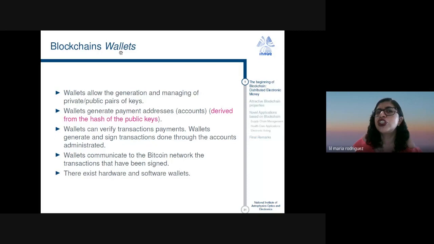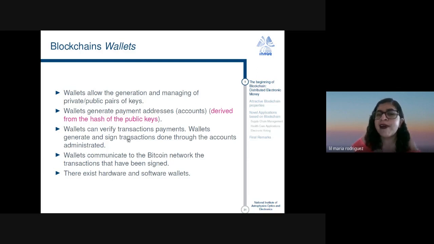We also need blockchain wallets. Wallets allow the generation and management of private and public key pairs. The idea is that a wallet has many addresses. For that, you have to generate a key pair, and you can compute a hash function over the public key, and with that you will get one of the addresses of the wallet.